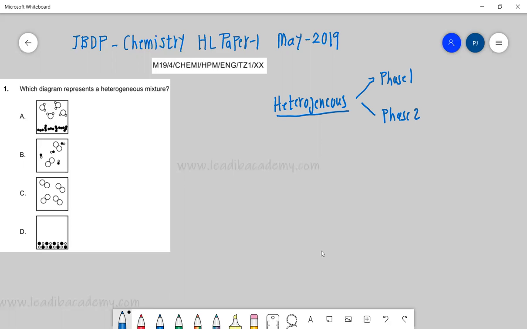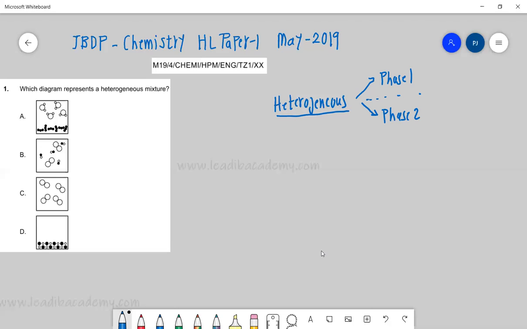One can be liquid, another can be solid, or liquid and gas, etc. And these 2 phases are existing separately. Obviously they can be separated by mechanical means like filtration. There is no chemical reaction, but physical separation.